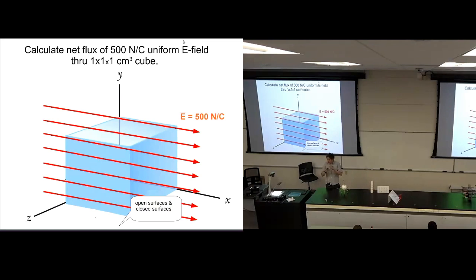It's a closed cube. So that's a closed surface. If I put you inside the cube, you couldn't get out unless you bashed your way through the surface of the cube. If you were outside the cube, you couldn't get in unless you bashed your way through the surface of the cube. So we're going to calculate the electric flux through this cube.